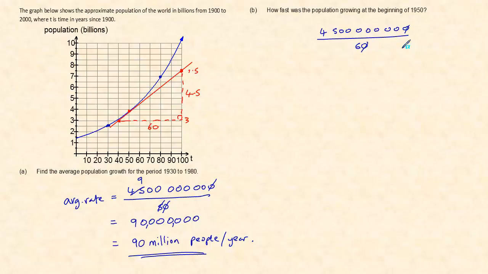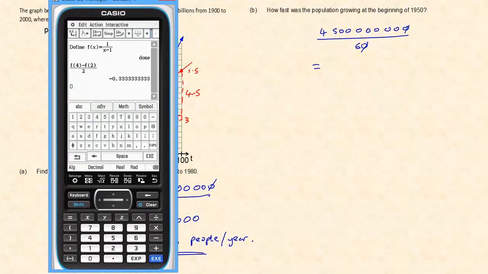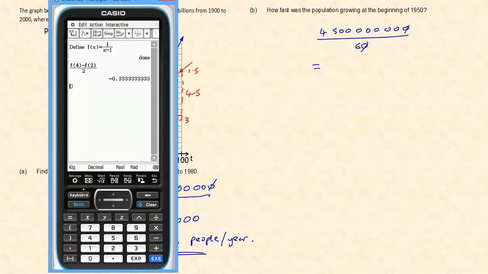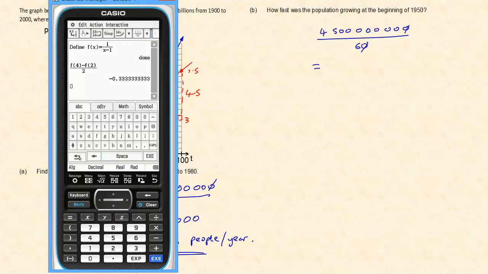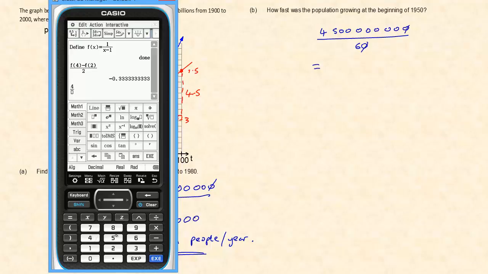So we can get rid of a 0, like so. Well, let's just use the calculator for what's left. So we've got 4, 5, and then 1, 2, 3, 4, 5, 6, 7 zeros.